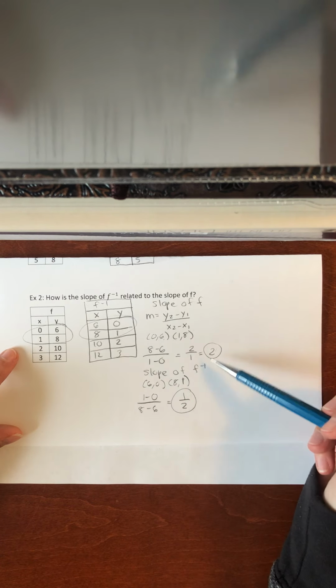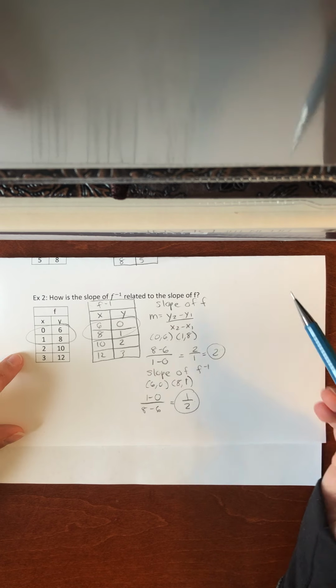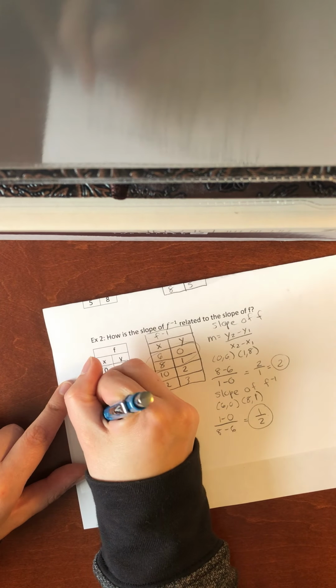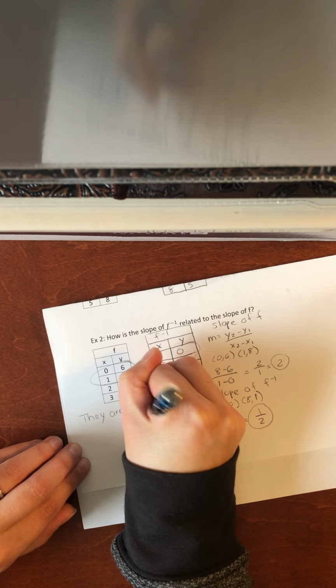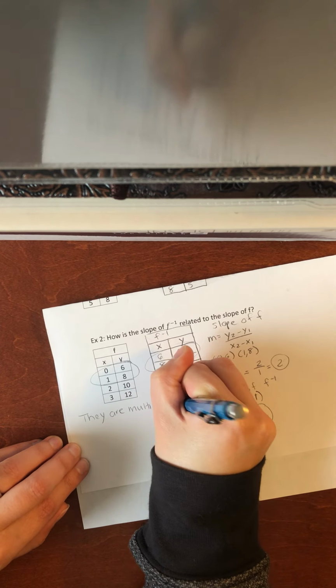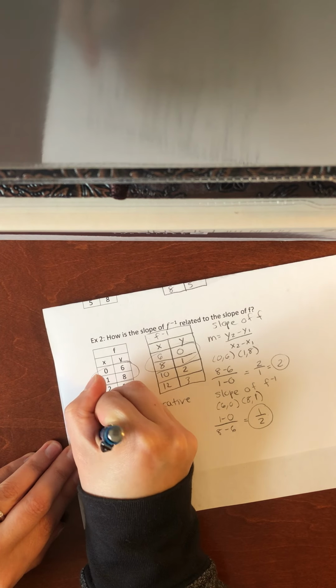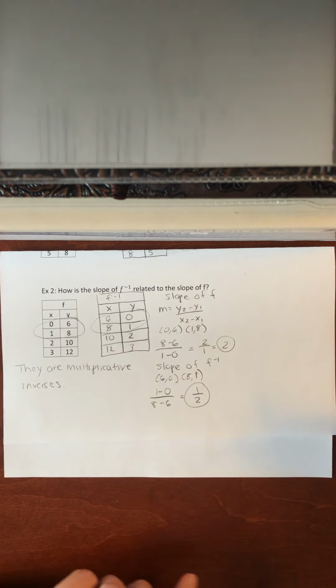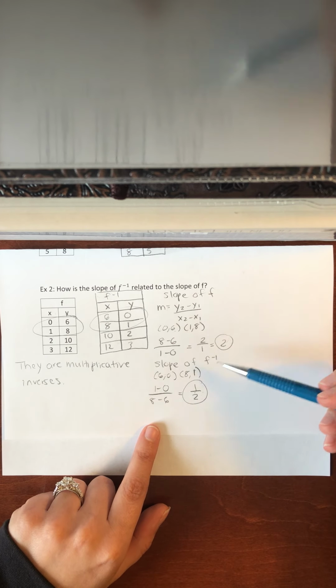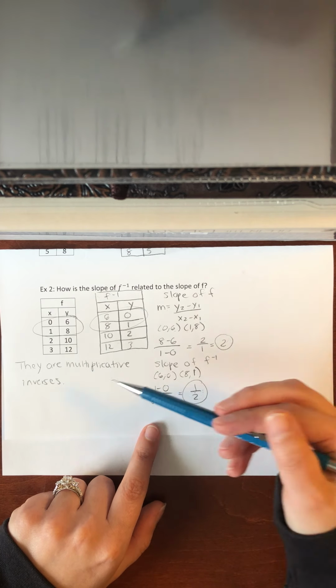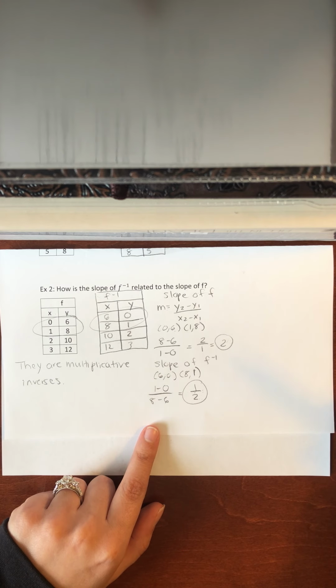So how are these slopes related? They are multiplicative inverses. So basically that means if I did 2 times a half, I'm going to get 1. When you multiply the two numbers, you get 1 if they're multiplicative inverses.